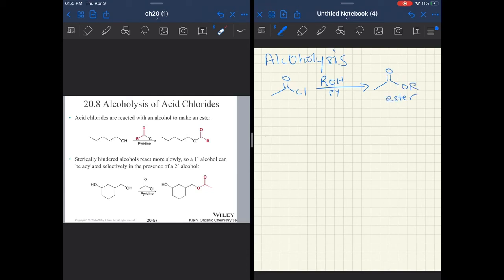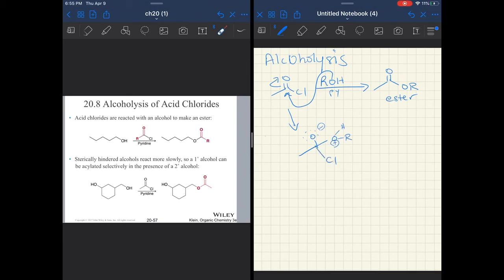Very much the same mechanism, we're going to attack that very electrophilic carbonyl carbon. We don't need any sort of catalyst here because, again, our starting material is so reactive. We make our tetrahedral intermediate. We still have that proton on the alcohol, so don't forget that.